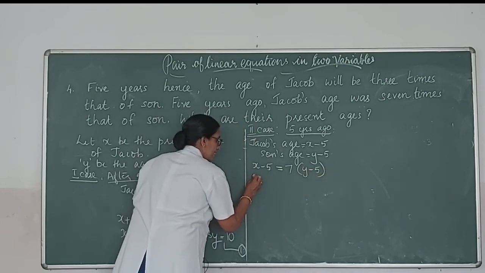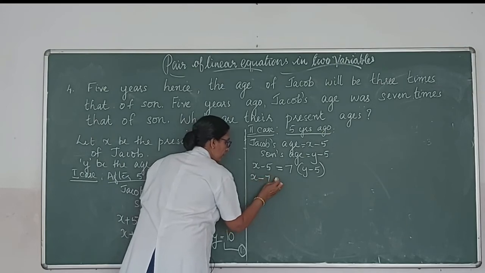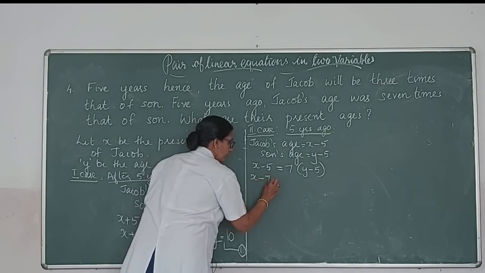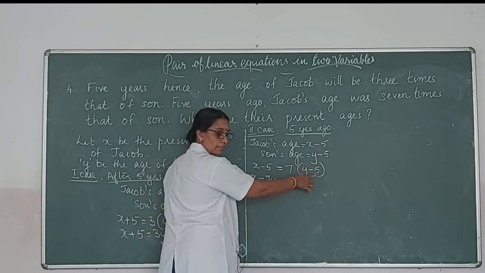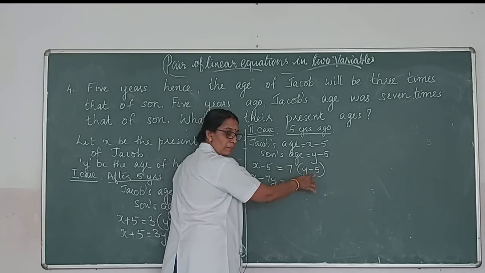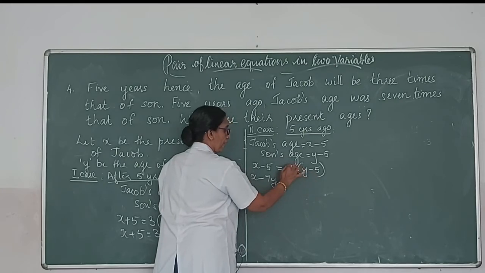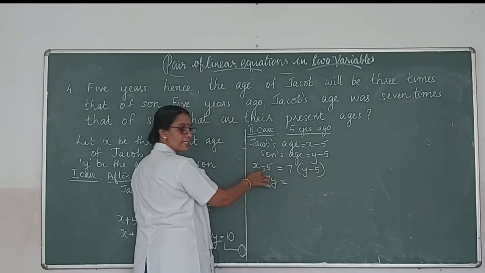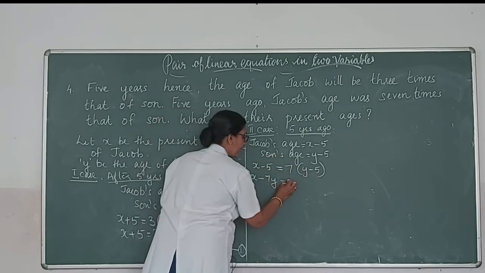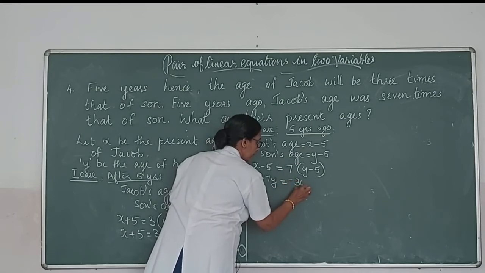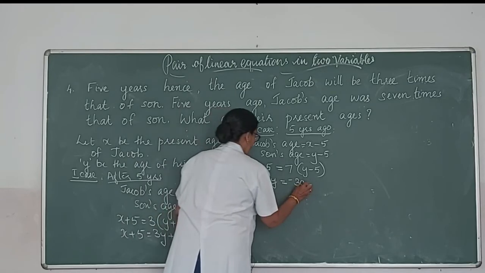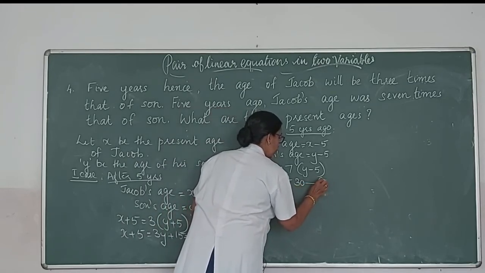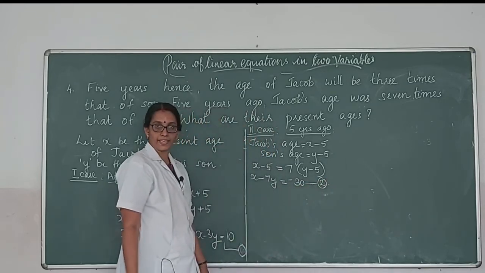So by rearranging, x minus 7y equal to, so 7 into minus 5, minus 35, minus 35 plus 5. Okay, it is minus 30. So second equation is x minus 7y equal to minus 30.